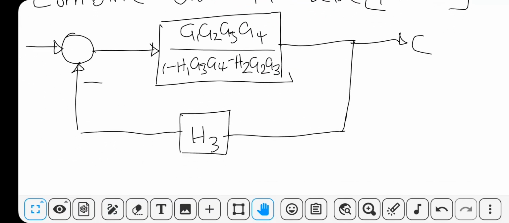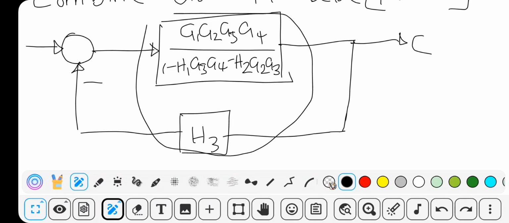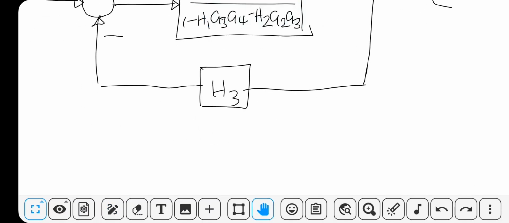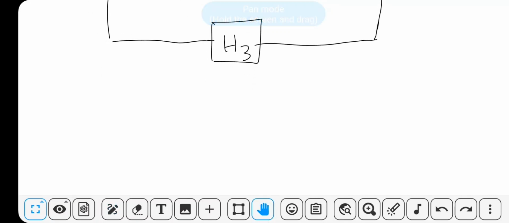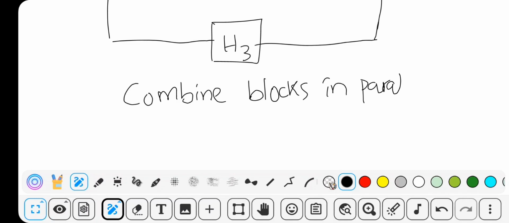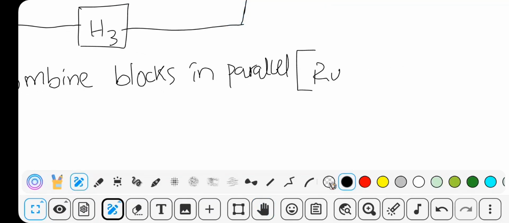So now these two blocks are in parallel. Therefore, they can be reduced also using rule 4. So the combined blocks in parallel, apply rule 4.